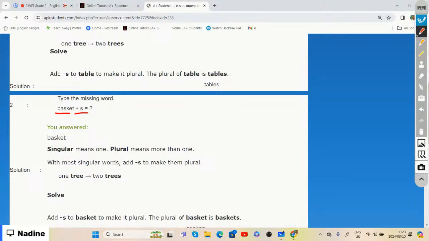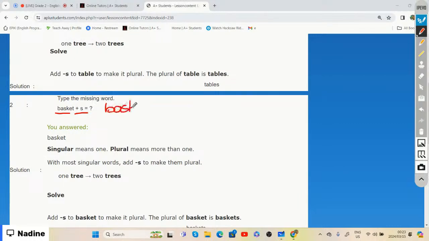So basket plus s, we can say it's baskets.